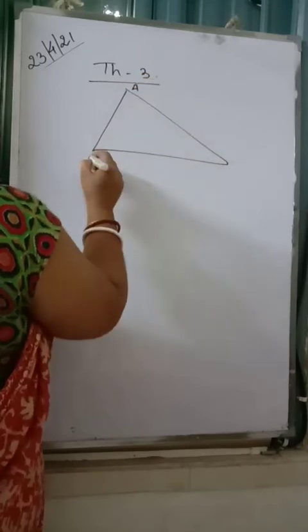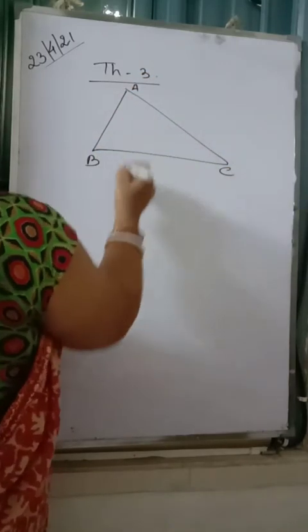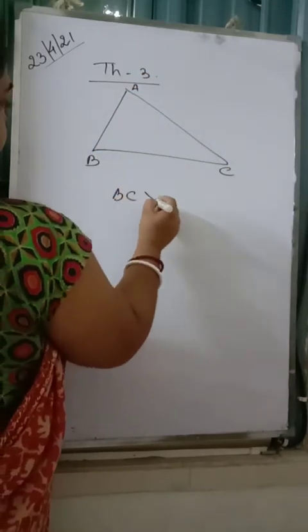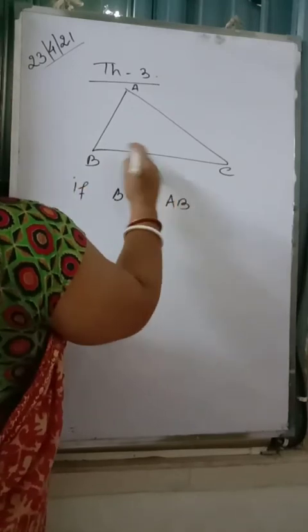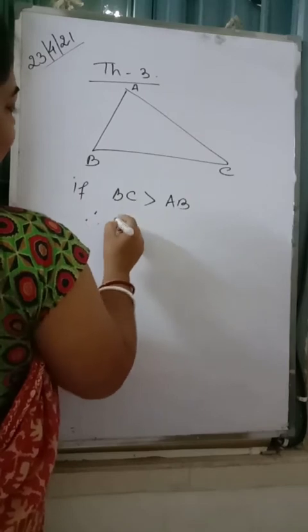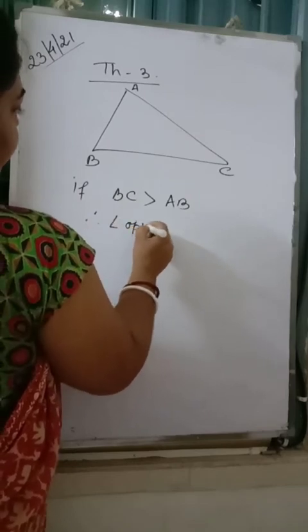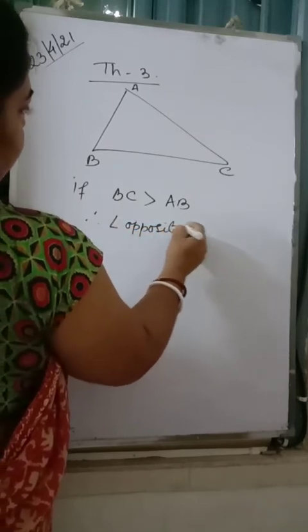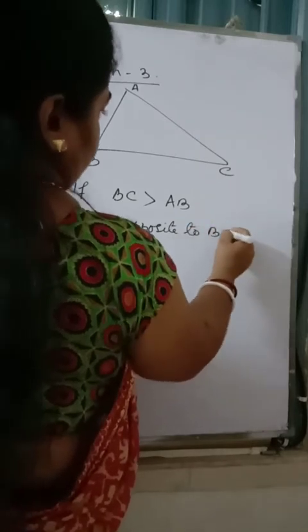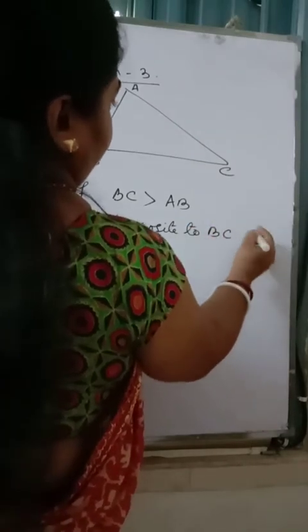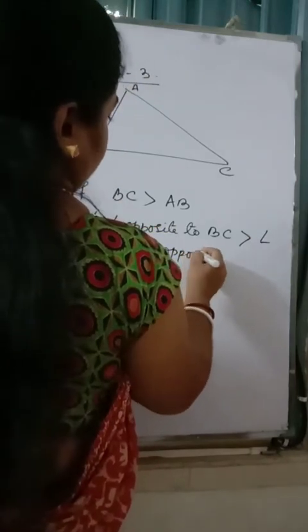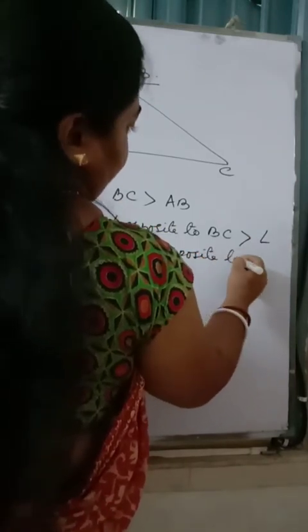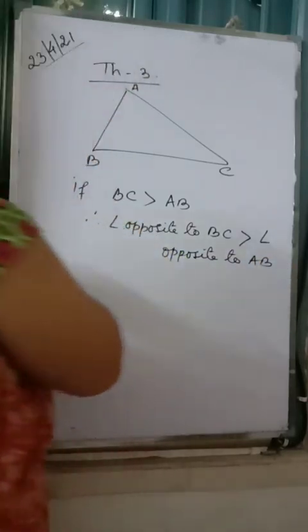If BC is greater than AB, then the angle opposite to BC will be greater than the angle opposite to AB. The theorem says this.